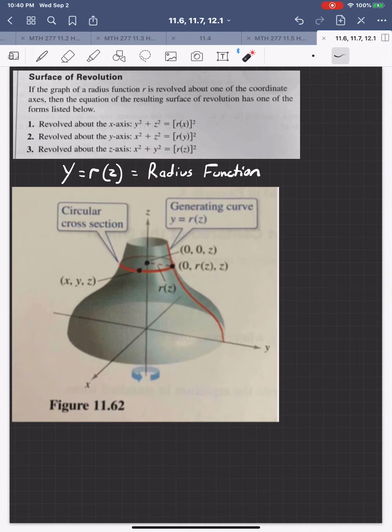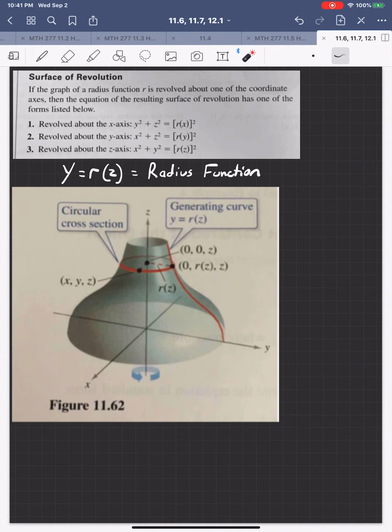In this particular case, the radius is a function of where you are on the z-axis. Different places on the z-axis are going to have a different radius. So in this picture, y is equal to r of z. Take this point right here. This is one point on this surface. This point is located at x is 0, y is r of z, and z.